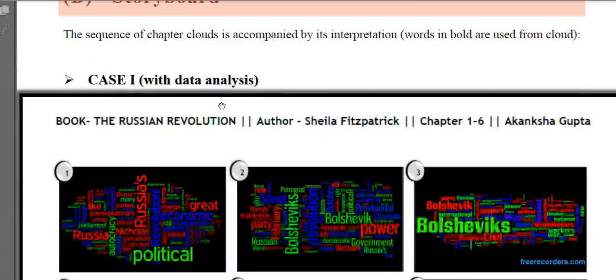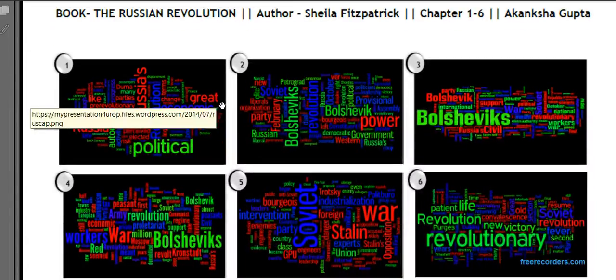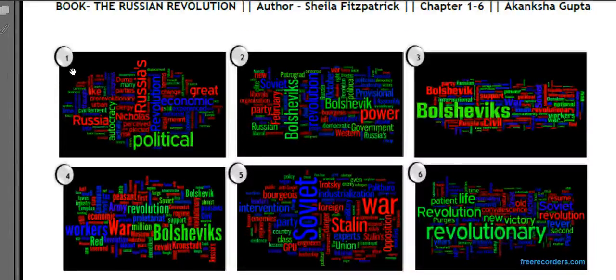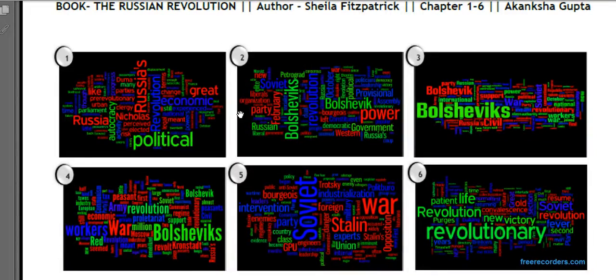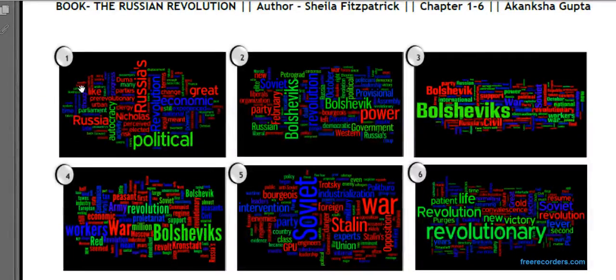In this I selected the text of each chapter of the book, and then I pasted it into the data box, and I then asked Wordle to output a tag cloud.